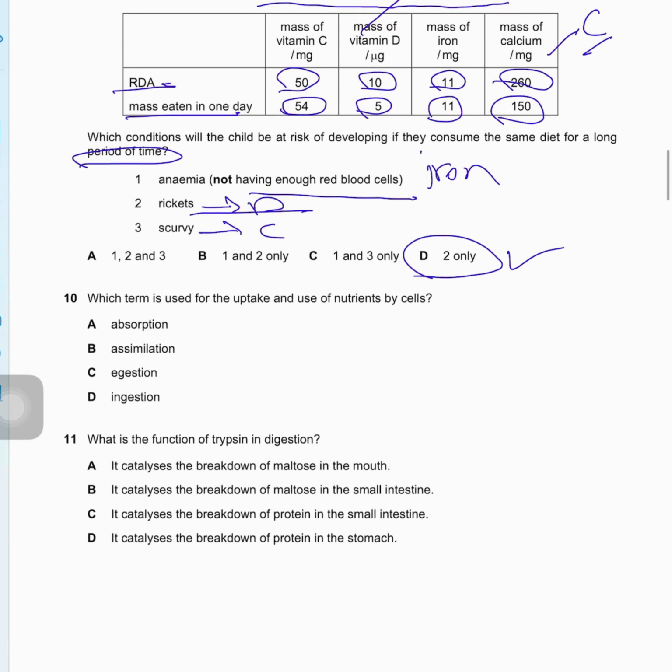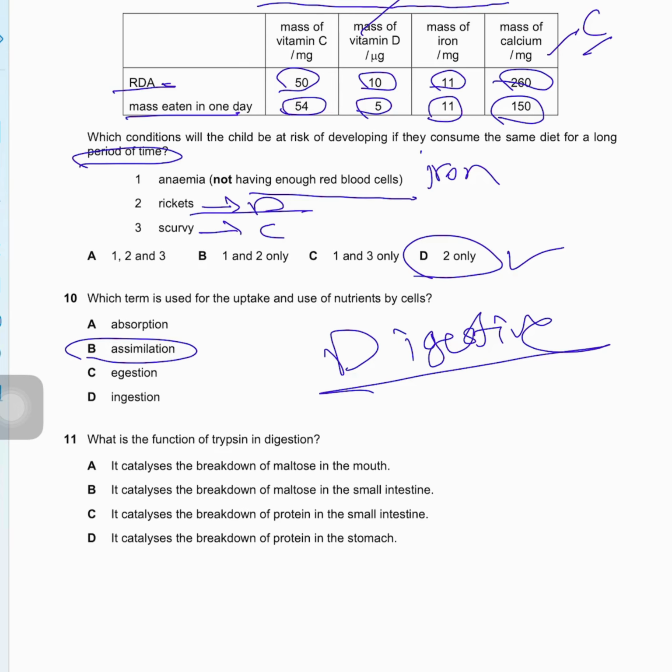Which term is used for the uptake and use of nutrients by the cell? Very, very easy. Remember the processes of the digestive system from the beginning of the chapter. The answer is B, assimilation. What is the function of trypsin in digestion? I have to know three things about each enzyme: place, pH, reactants, and its product. On which food molecule does it work, and what is released.